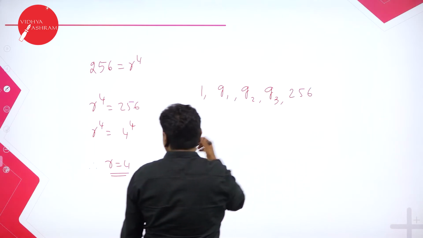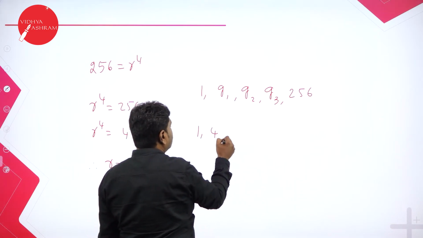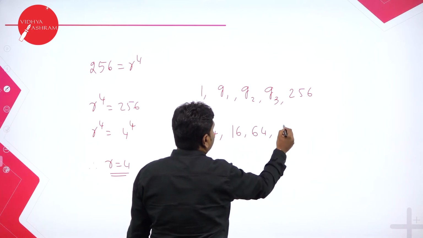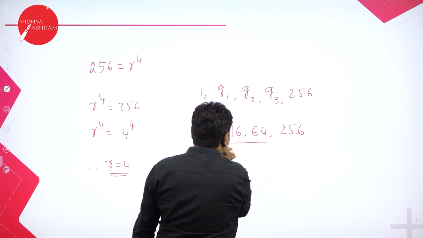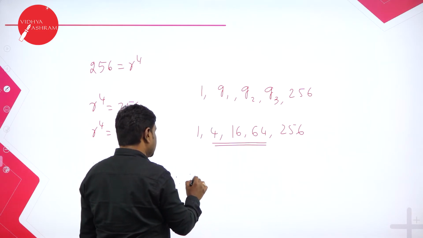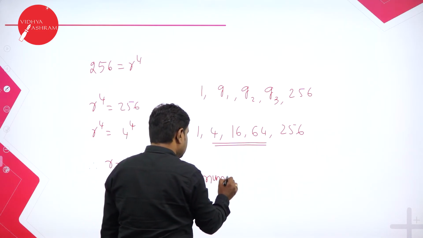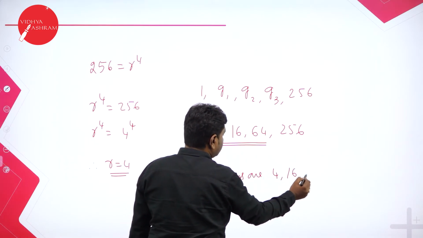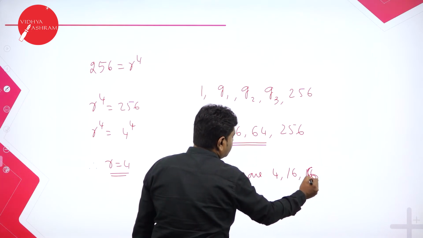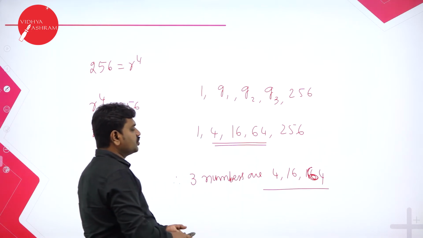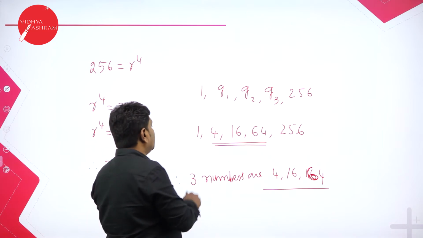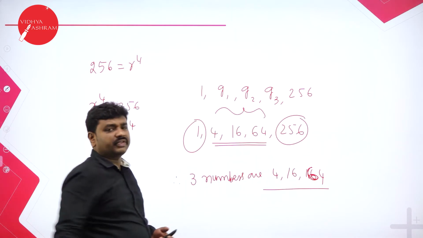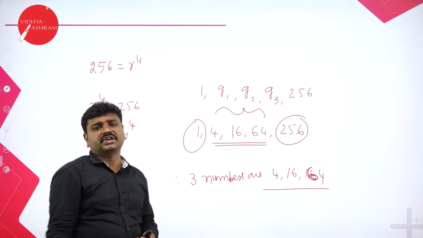So now for each term you multiply by 4: 1 into 4 is 4, 4 into 4 is 16, 16 into 4 is 64, 64 into 4 is 256. So in between you got 3 numbers. So the 3 numbers are 4, 16, 64. These are the numbers which you should include between 1 and 256. Include these numbers, then the sequence we get will be in geometric progression.